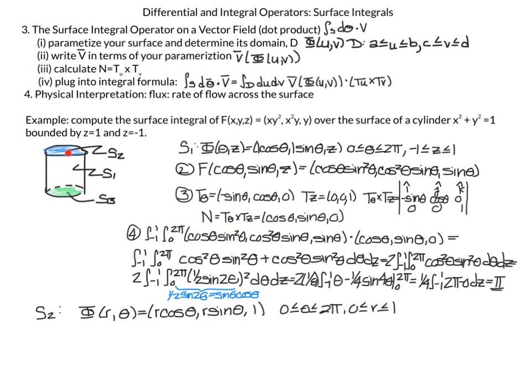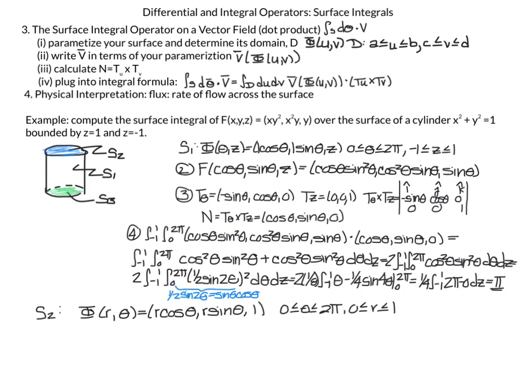Next, I will calculate the flux across the surface S2. In this case, S2 is two-dimensional, and it's a circle. And to parameterize it, I am going to use polar coordinates. So my phi of r, theta is equal to r cosine theta, r sine theta, and my z now is held fixed at 1.